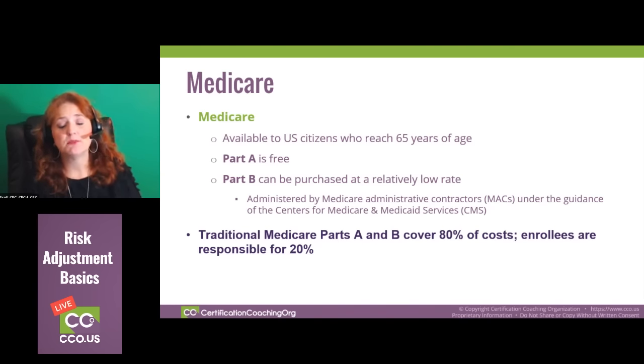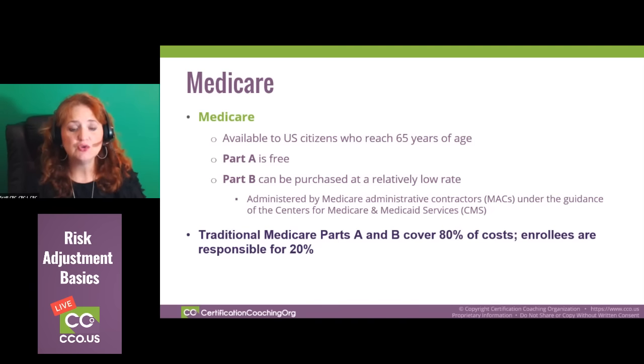There are several parts of Medicare. The first part is Part A. When you turn 65, you sign up for Medicare and you get Part A Medicare. It's free. You can also get Part B, and this is where the additional coverage comes in.